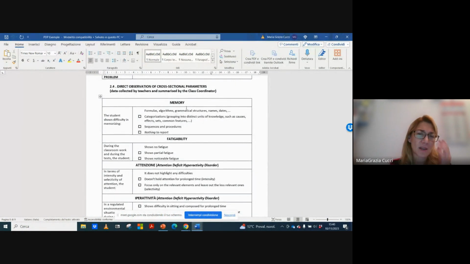But normally students show a normal fatigue. When we see that there is something very different from the others, then we can check the box.